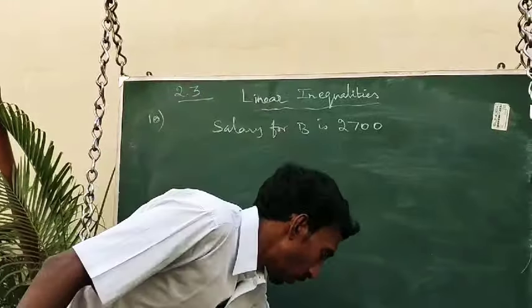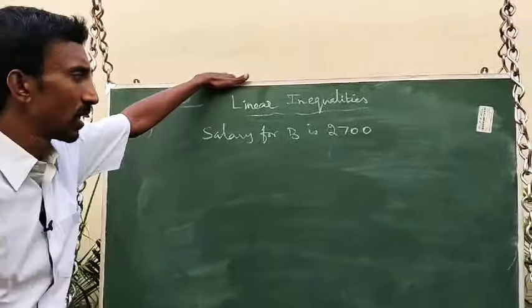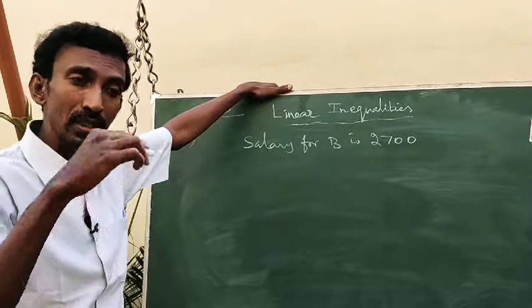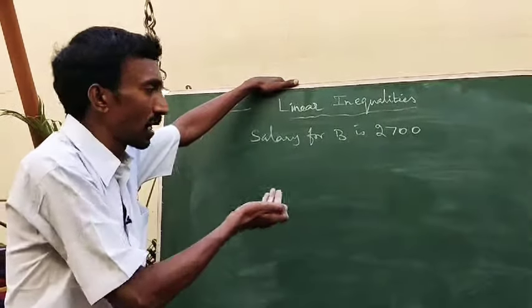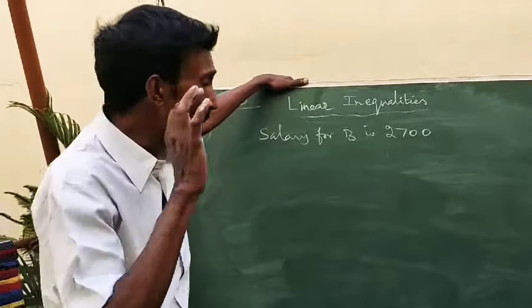So if we assume the salary of A is X, only the difference of the salary is given as more than 6,000. So A's salary may be more than B's salary, or B's salary is more than A's salary. There are two possibilities.